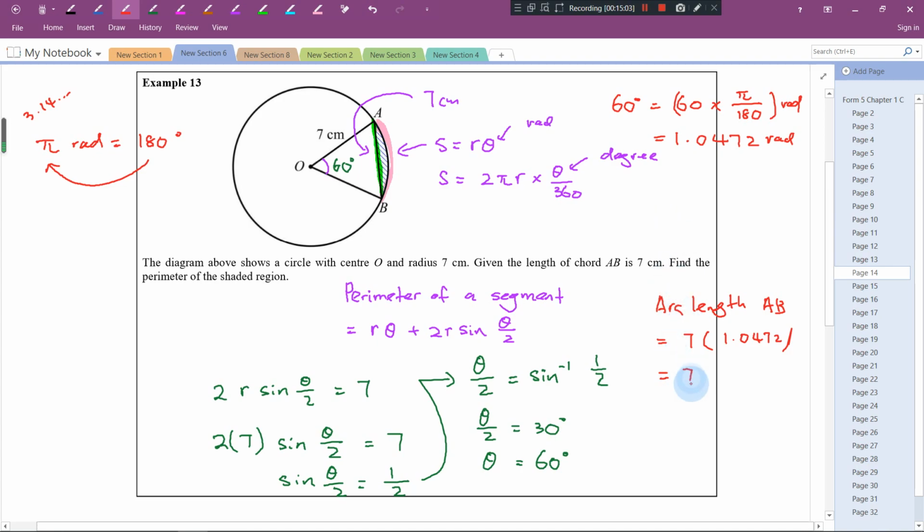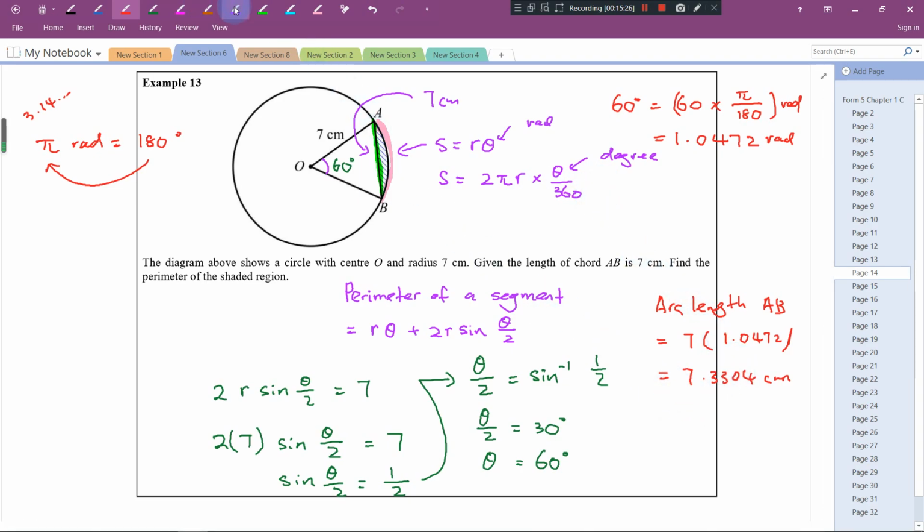So I will get 7.3304 centimeters. If you don't want to convert it to radian, you also can get the answer. You use this formula. Okay, let me try: 2 pi r times 60 over 360. Okay, you get the same answer as well.